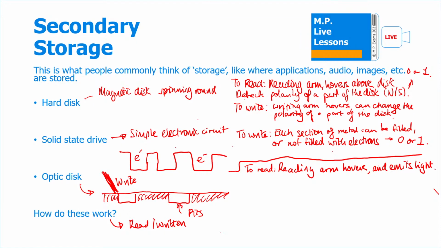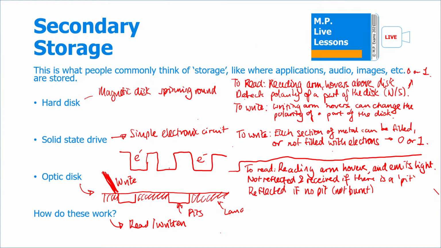Now, it's not reflected if there is a pit, and it's reflected if no pit, like not burnt. This is called land, and it's often made up of a reflective material. That's why you see many discs shiny.